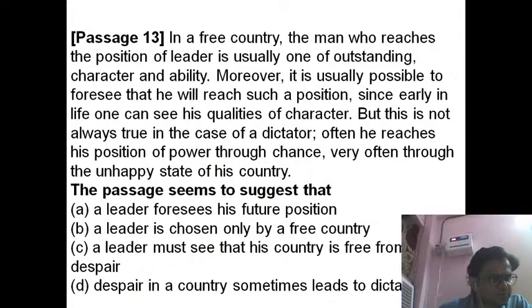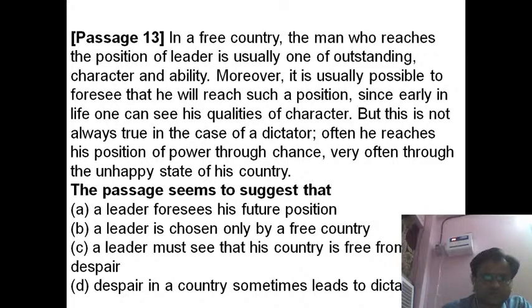In a free country, the man who reaches the position of leader is usually one of outstanding character and ability. Moreover, it is usually possible to foresee that he will reach such a position. Now, see, the comma has been given to you. Whenever you are asked questions based on a passage, you first have to consider the length of the passage, whether it is big or small.